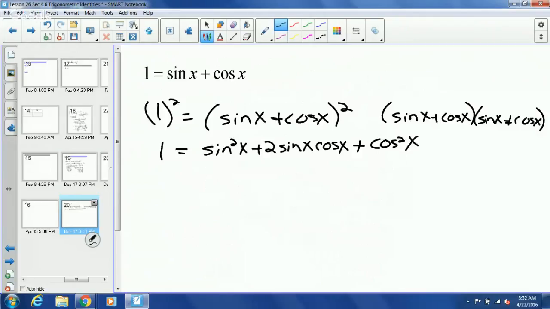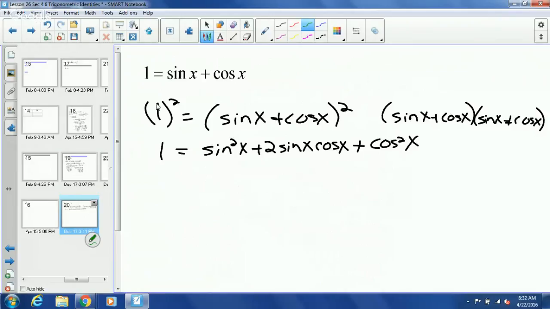Yep. What should I do? So since they're all positive, could you switch your terms? What do you mean switch? Sine squared of x plus cosine squared of x. Yeah, sine squared plus cosine squared of x gives you 1. But I don't have to put them together for it to still equal 1.